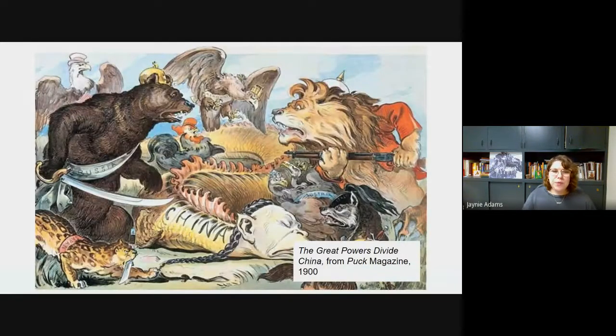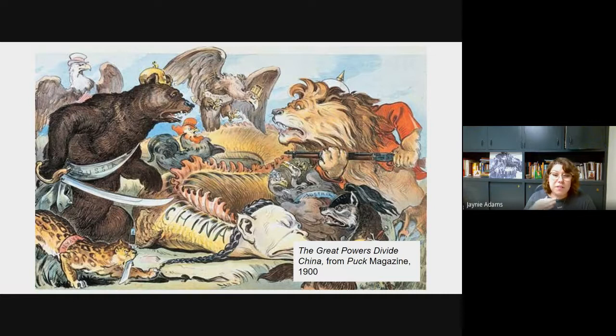So this is a super, super famous political cartoon that you all have probably seen from Puck magazine. It's called Great Powers Divide China. And you can see that all of the different great powers, the vast majority of them being European powers, are caricaturized as animals. They're anthropomorphized.